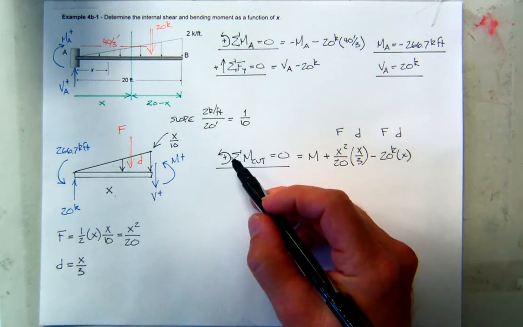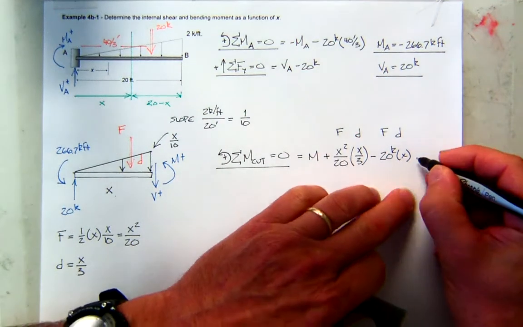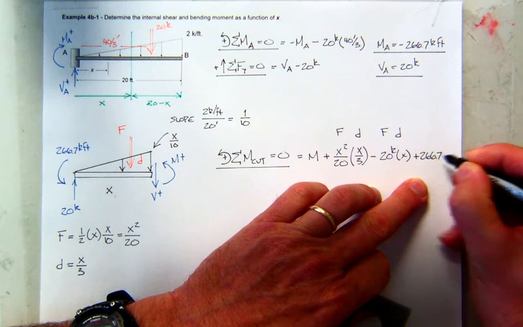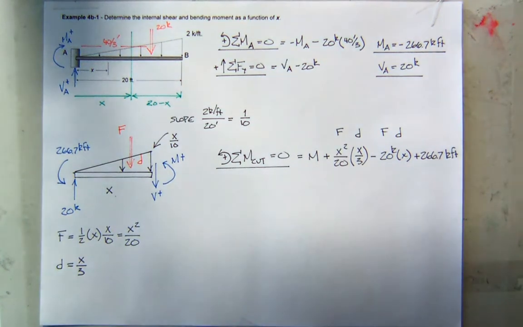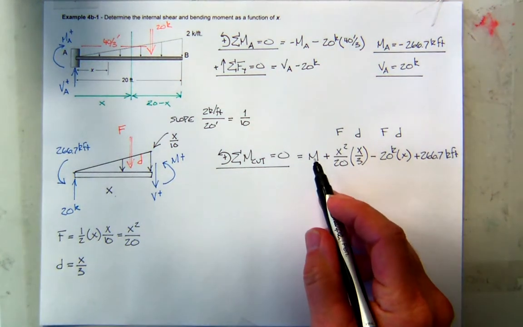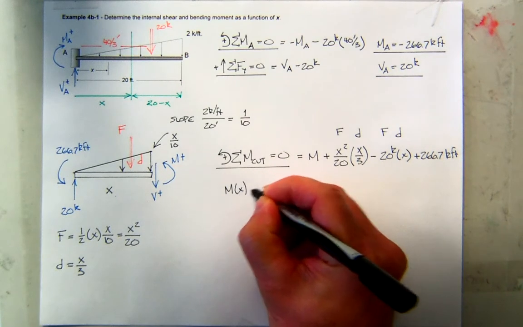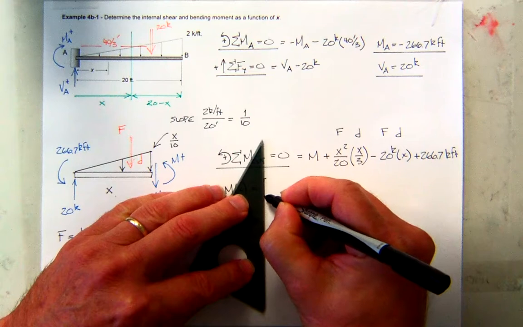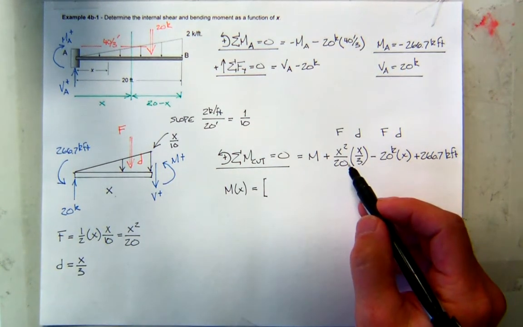Now with this sign convention, what kind of moment is that? Positive. 266.7, and that'll be kip feet. So I just solve for the moment. So I'll come back and I'll say moment now, which is a function of x, is going to be equal to, I like to put this in brackets so I can put my unit at the end. So I also like to start with the biggest term and go down.